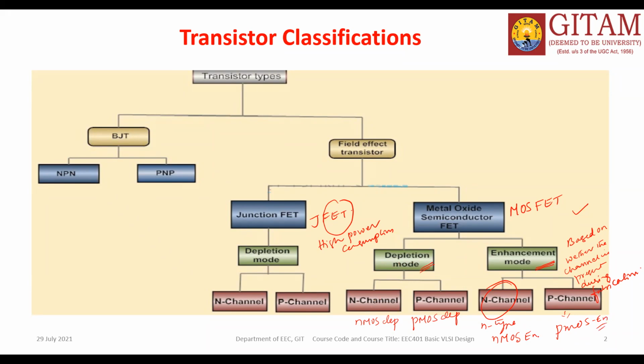Unless we state that a particular transistor is a depletion mode transistor, we cannot say directly that it is one. By default we normally use enhancement mode transistors, because the power consumed by the enhancement transistor is less compared to the depletion mode transistor. Once the channel is already present, we have to deplete the channel.